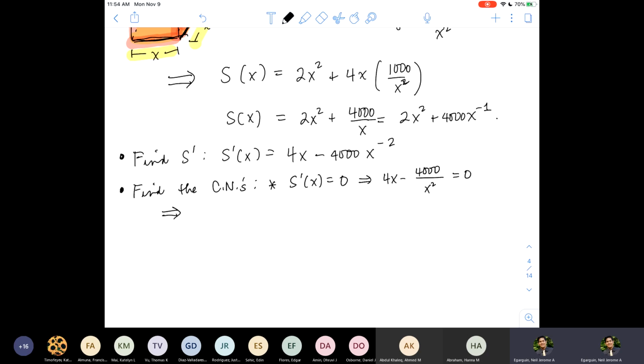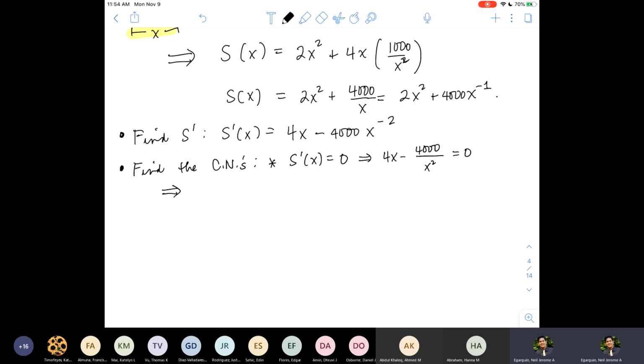I'll continue over here. That means we have 4x equals 4,000 over x squared. Then I can multiply both sides by x squared, so I'll have 4x cubed equals 4,000. Divide everything by 4, so I'll have x cubed equals 1,000. And take the cube root of both sides, I'll get 10.